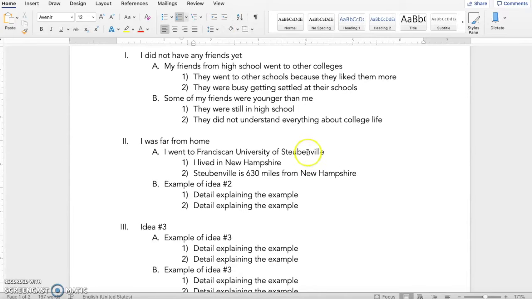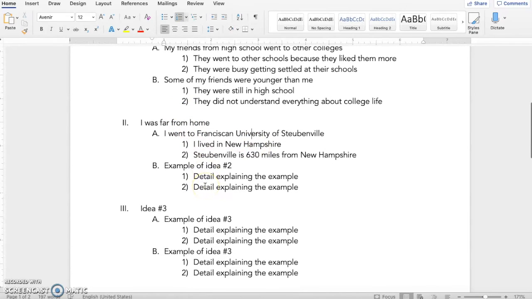So if you notice here, these are just some more details that are helping to show why going to Franciscan University of Steubenville meant that I was far from home. And then the second idea I'm going to put here is not only was I far from home, but I didn't have a car. So how does that make it so I'm far from home?